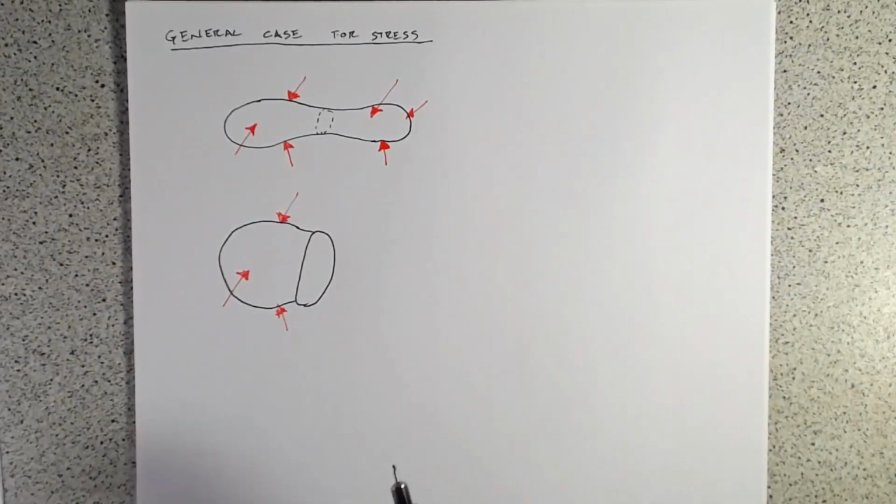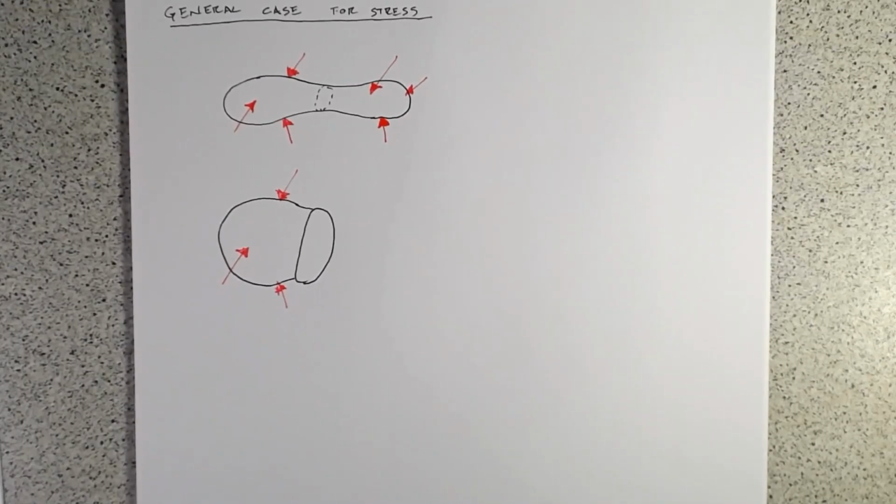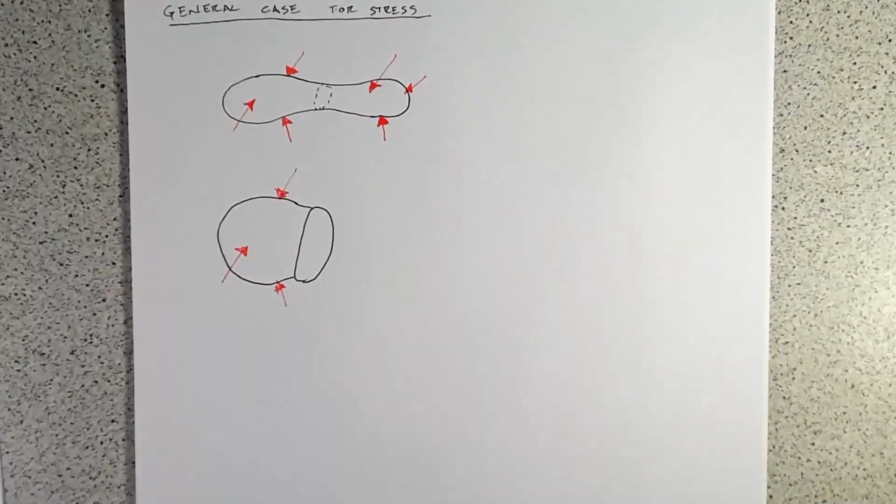And just like with average stress, a good place for us to start, if we want to look at the stress at a given point, is to divide our cross section into a grid.